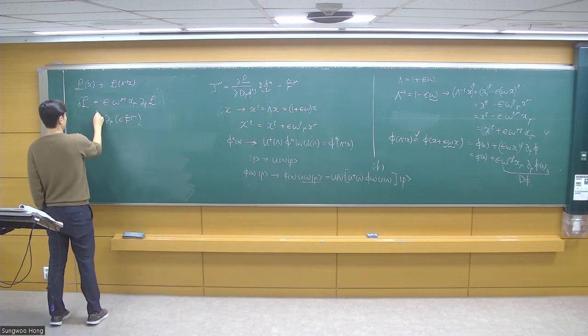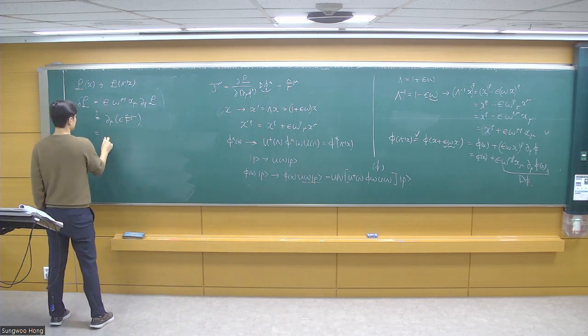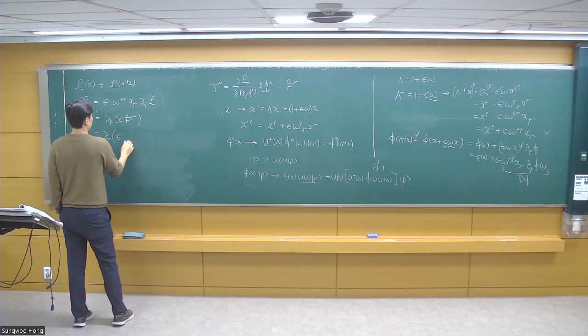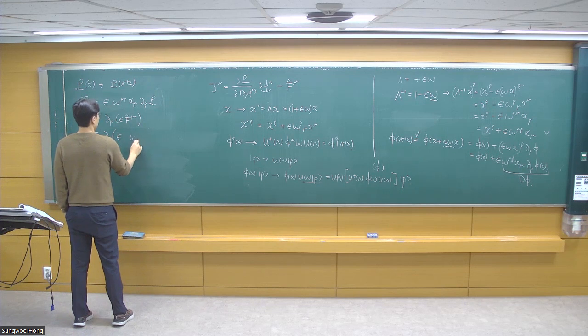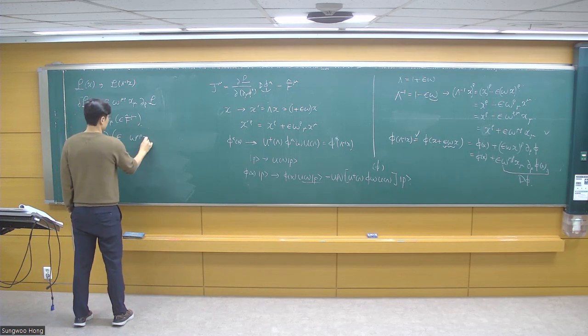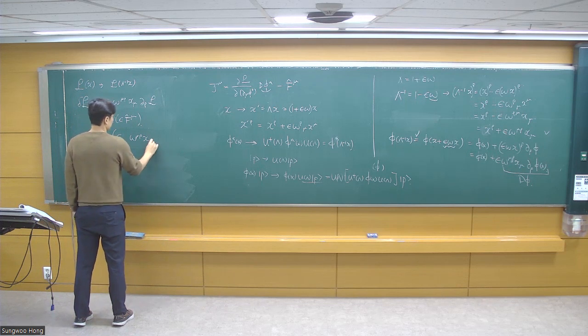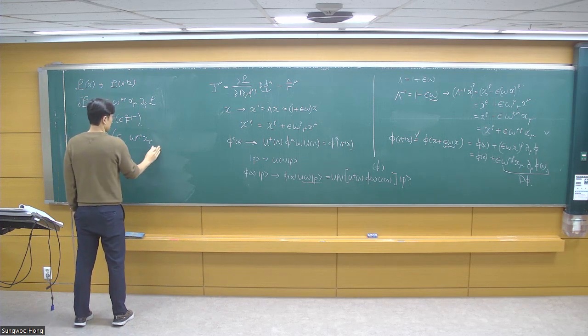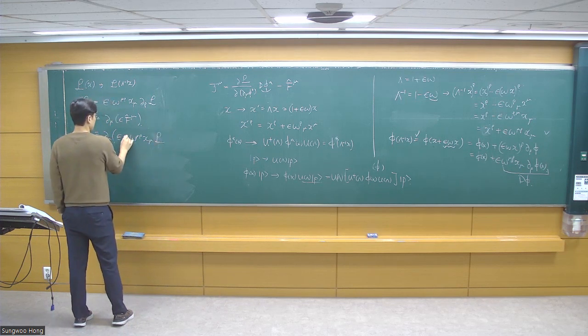The claim is that this can be written as this epsilon, oops, and then I need to compensate by g mu rho.